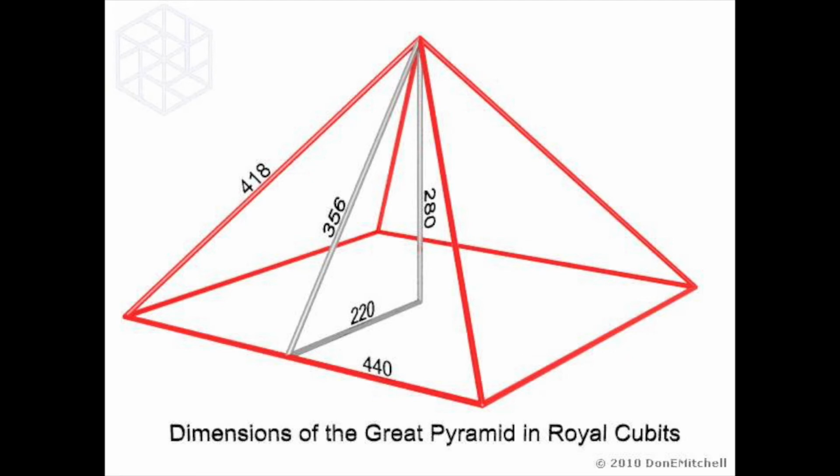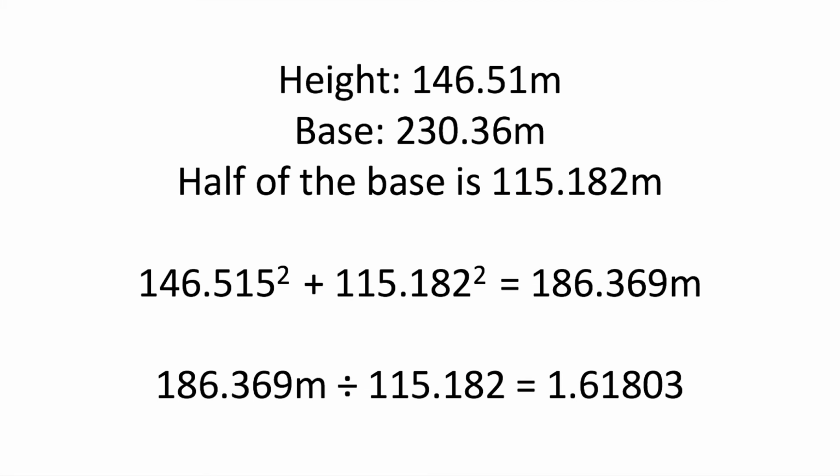If we take estimated dimensions from reliable researchers, we are able to see if this pyramid indeed used the golden ratio. The height of the Great Pyramid averaged 146.51 metres, and the base 230.36 metres. Half of the base is 115.182 metres. Using Pythagoras' theorem, 146.51 metres squared plus 115.182 metres squared equals 186.369 metres.